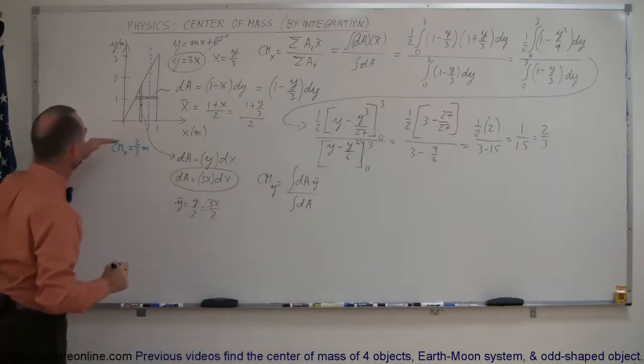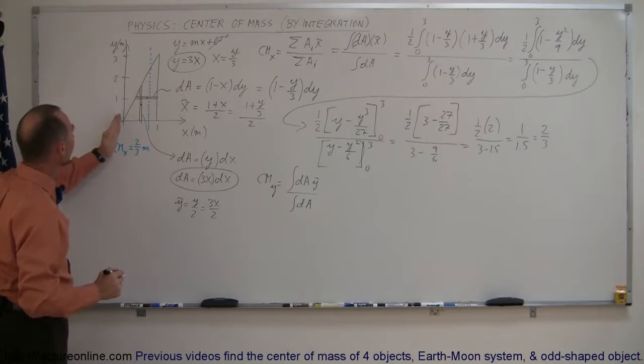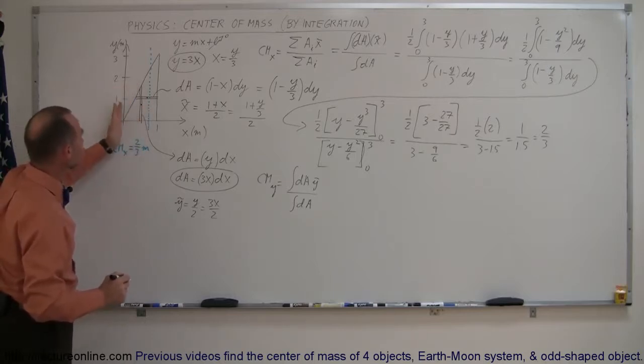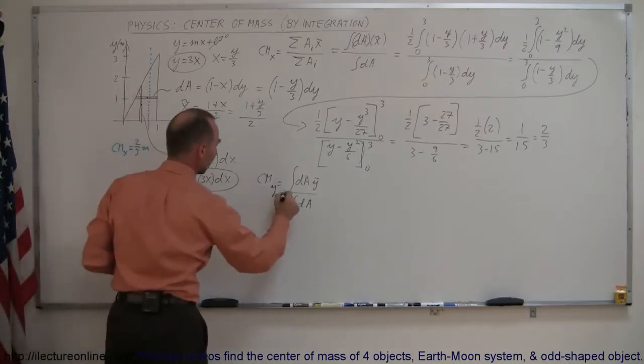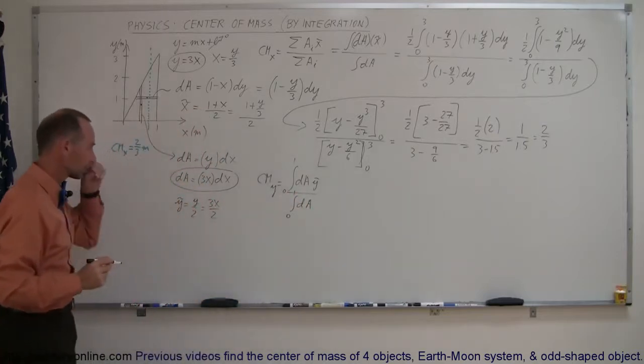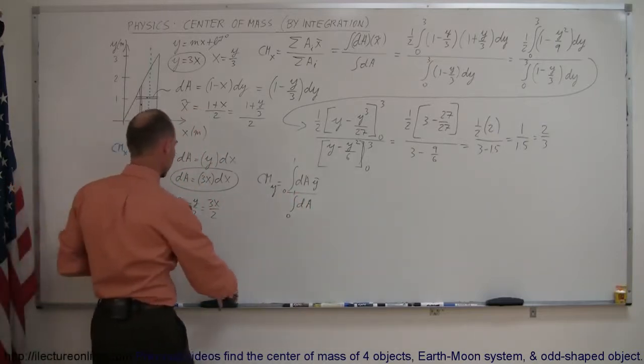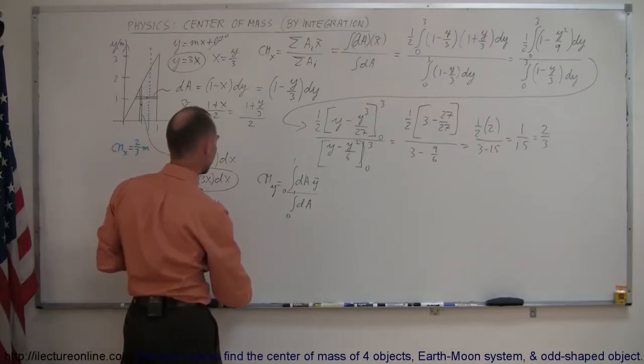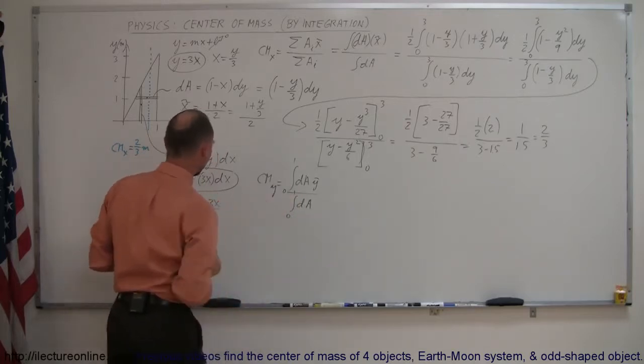And notice that if I integrate from there to there, because this is the slice I'm using, the integral is from 0 to 1, and of course it is x equals 0 to 1.